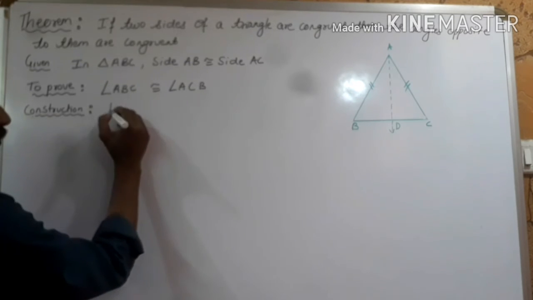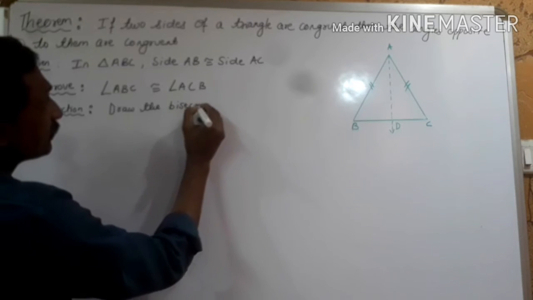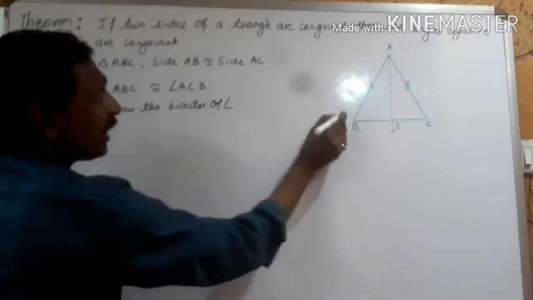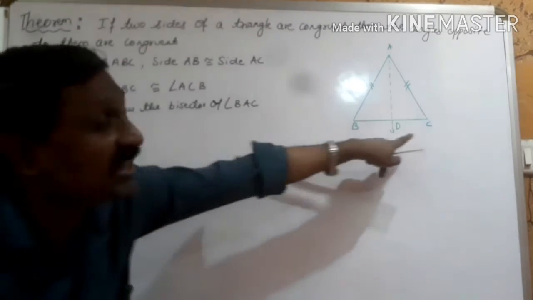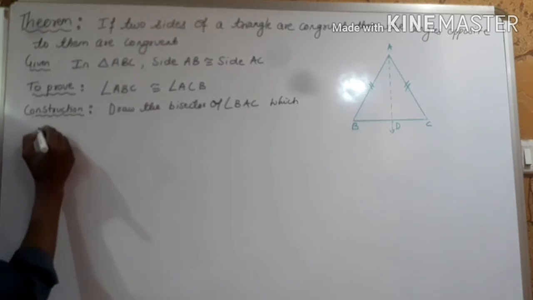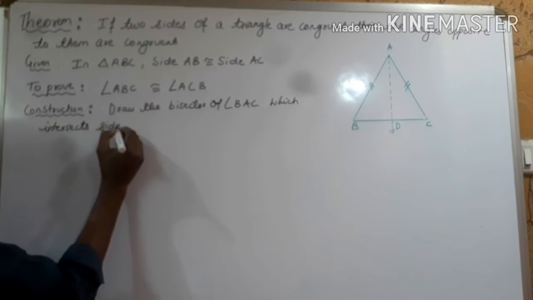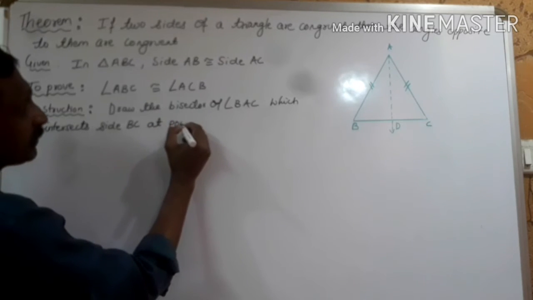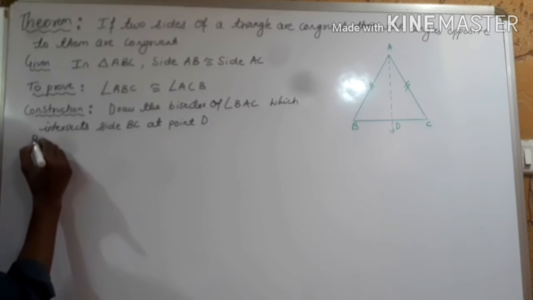Draw the bisector of angle BAC which intersects side BC at point D. Okay. Now we'll start with the proof.